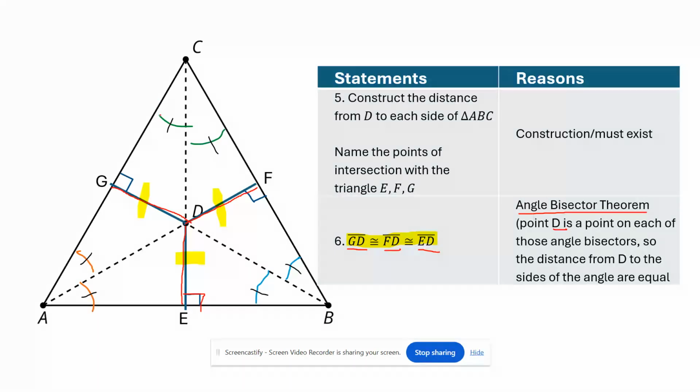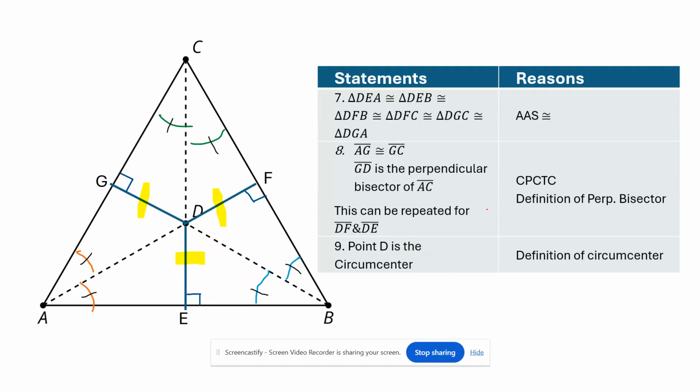So we have an angle and a side for each of these 6 triangles: 1, 2, 3, 4, 5, 6. So now, using angle, side, angle, side, we can say each of those 6 small triangles are all congruent. Do you see that?